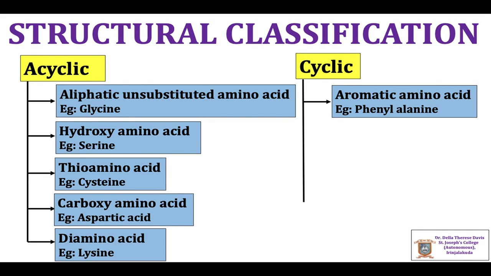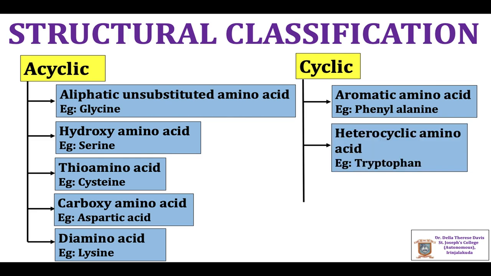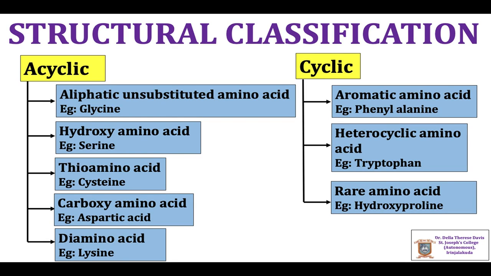Example is phenylalanine. Heterocyclic amino acid, in which there is a heterocyclic ring. Example tryptophan. And the last one is rare amino acid. Hydroxyproline is an example for rare amino acid.